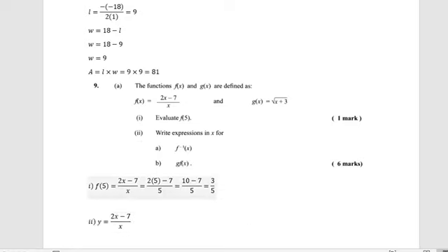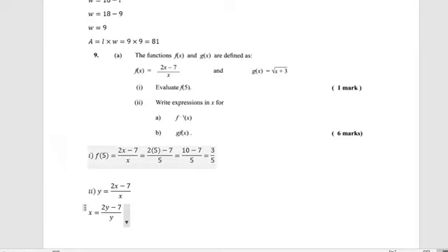We're going to substitute the x's for y's and the y's for x's. So we get x is equal to (2y minus 7) divided by y. Now we're going to solve for y. So we have xy is equal to 2y minus 7.